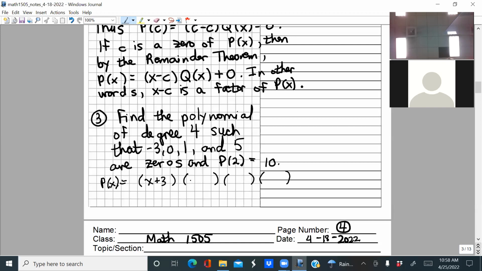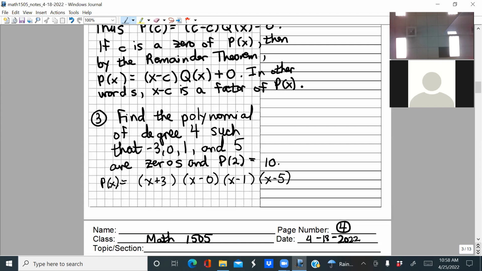And then x minus 0, so that's really just x. So one of your factors is x. And then x minus 1, and then also x minus 5, okay? So basically, that's the form of the polynomial.